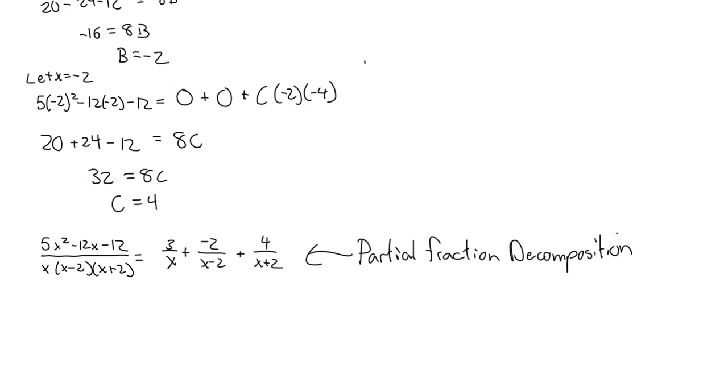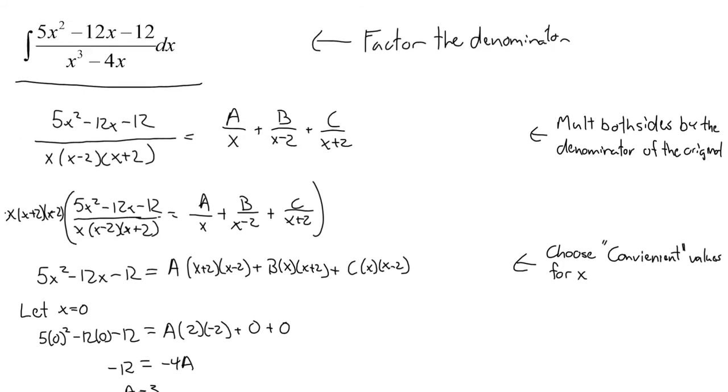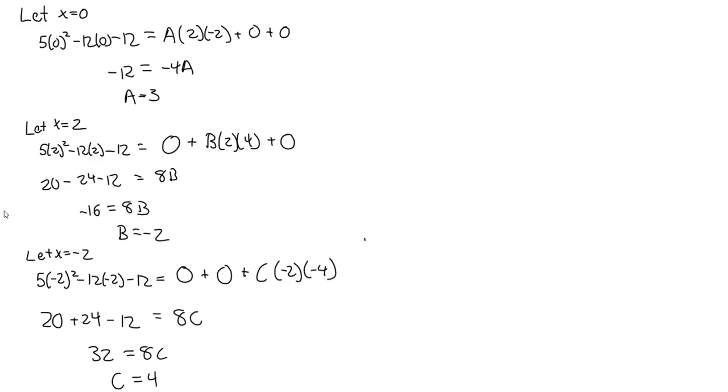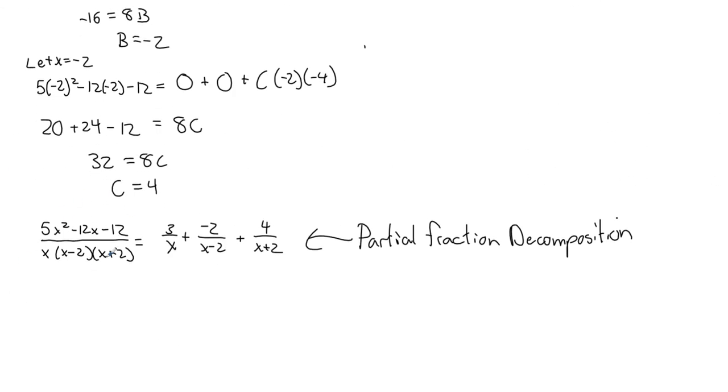All right, but the question didn't ask for the partial fraction decomposition. It asked for the integral of this particular rational function. And so since the rational function is equal to this partial fraction decomposition, the integral of this rational function should be equal to the integral of this partial fraction decomposition.